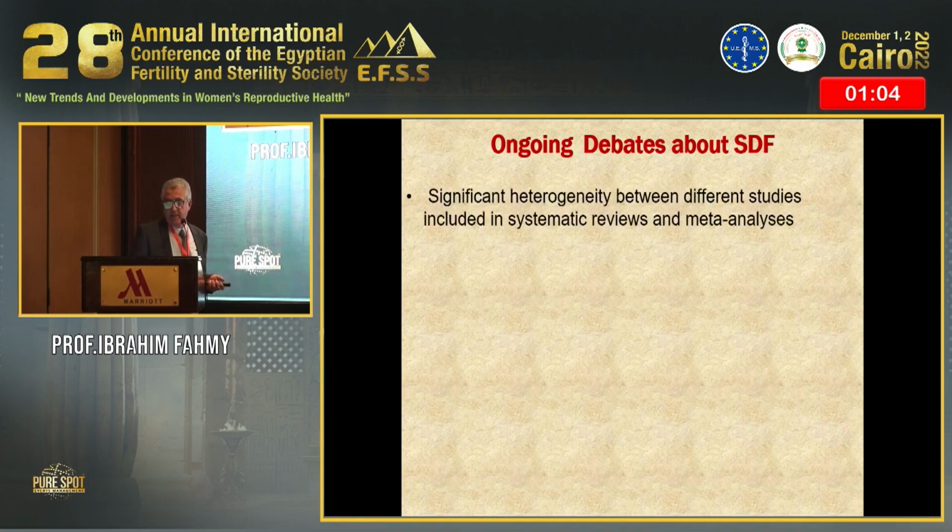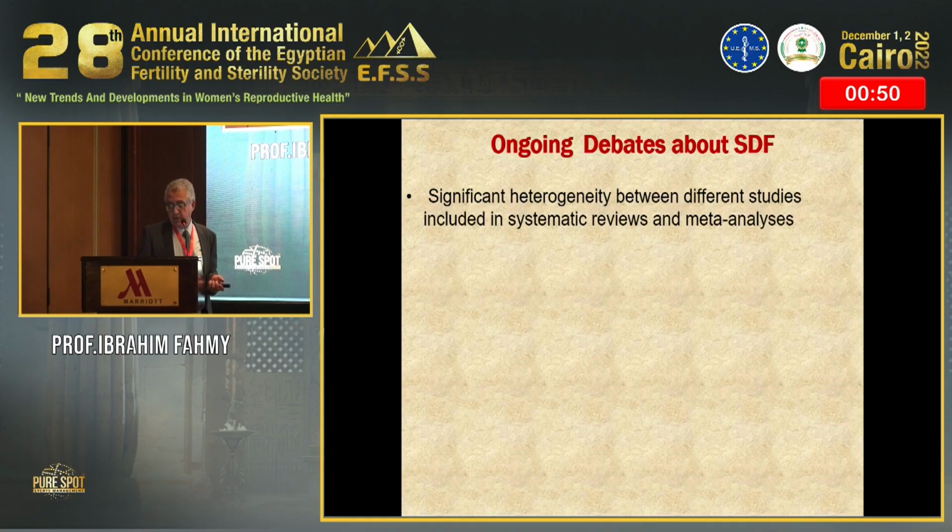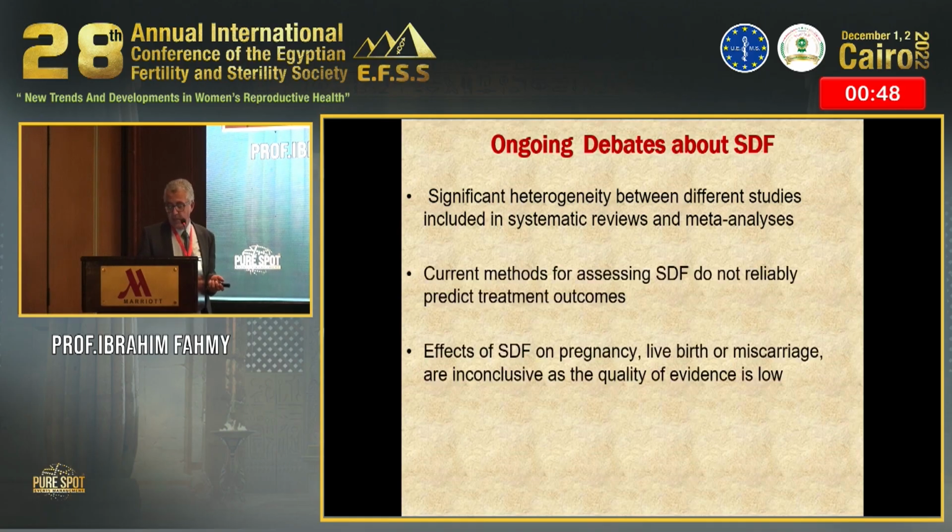The first thing is that there is significant heterogeneity between different studies, including systematic reviews and meta-analyses, and the current methods for assessing sperm DNA fragmentation do not reliably predict treatment outcomes. The effects of sperm DNA fragmentation on pregnancy, birth and miscarriage are still not 100% conclusive.